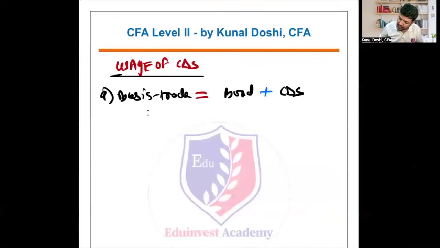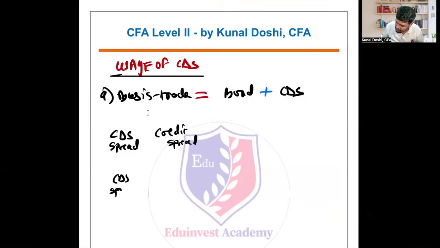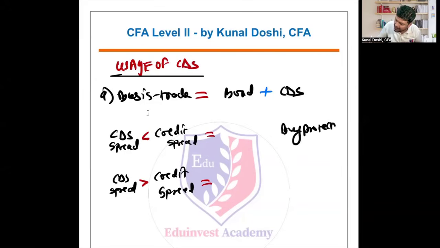So I'll write down when the CDS spread and the credit spread. What is going to be the strategy here? When the CDS spread is lower, in that case, what will we do? We'll buy the protection. So we will buy the protection in the CDS.